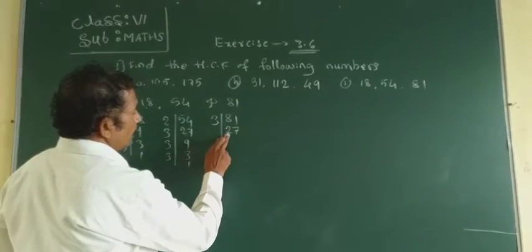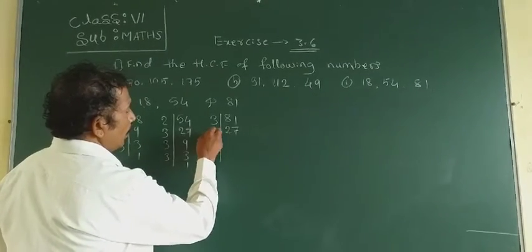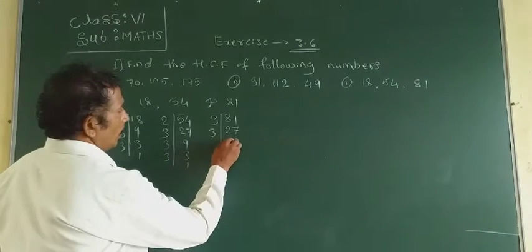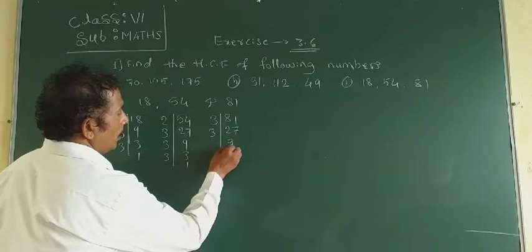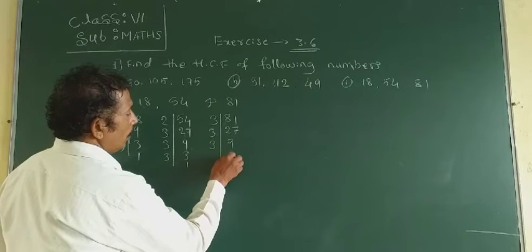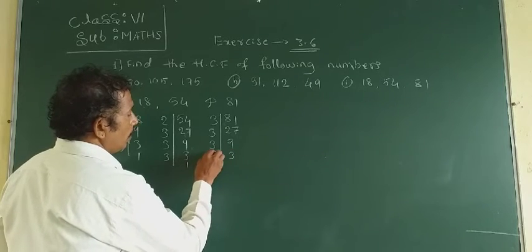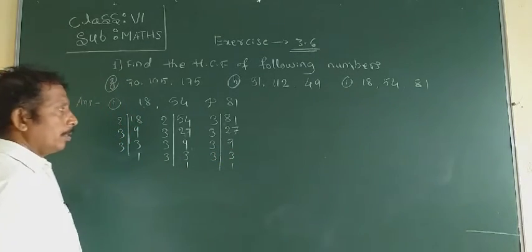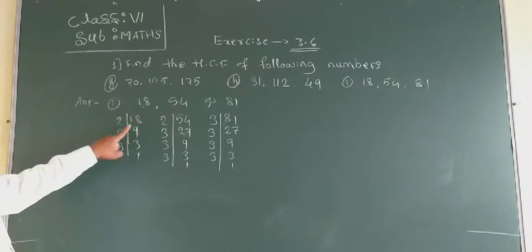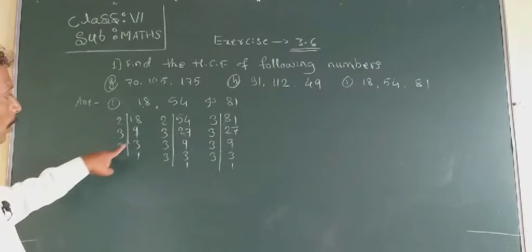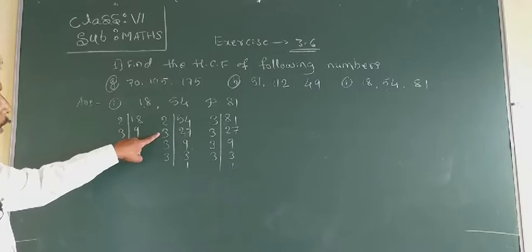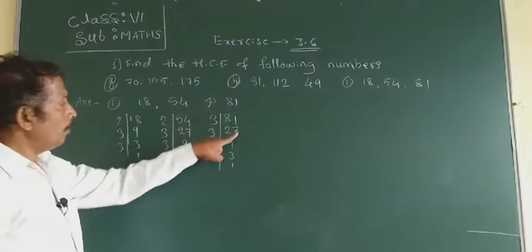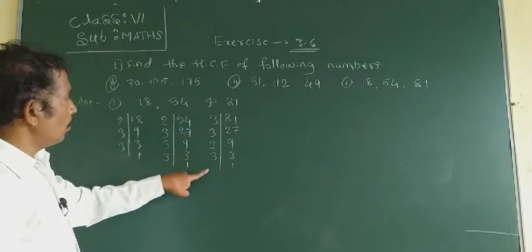Then once again this 27 is divisible by 3, 3 9s are 27, 9 is divisible by 3, 3 3s are 9, 3 is divisible by 3, 3 1s are 3. Therefore, 18 is equals to 2 into 3 into 3, 54 is equals to 2 into 3 into 3 into 3, and 81 is equals to 3 into 3 into 3 into 3.